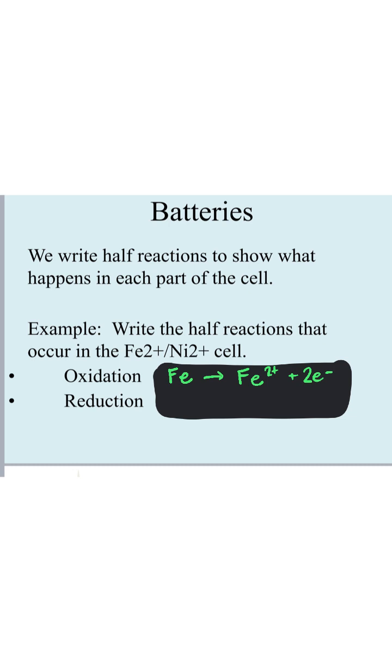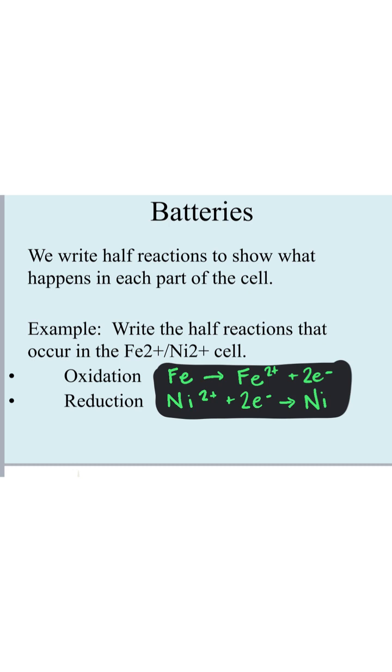Whereas nickel is less active, so it's going to gain electrons. So it's going to start as its ion so that it can gain those electrons. So nickel 2 plus 2 electrons is going to give me my uncharged nickel.